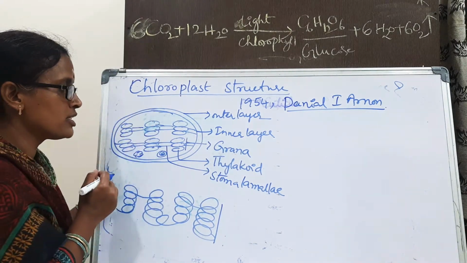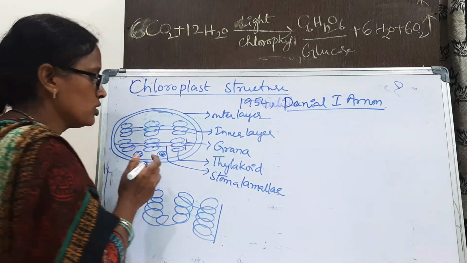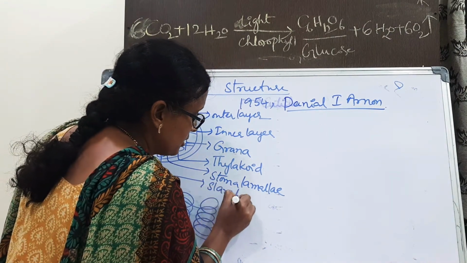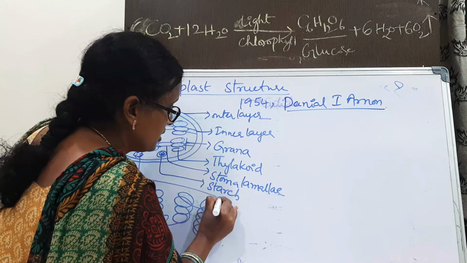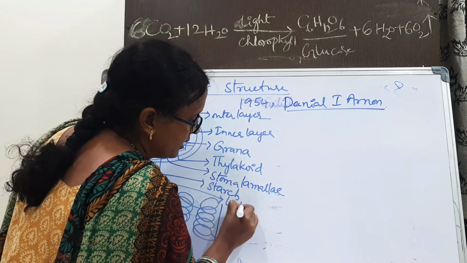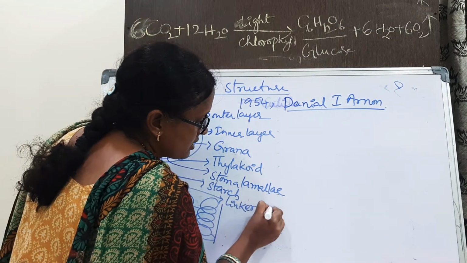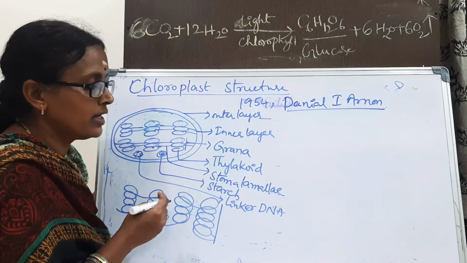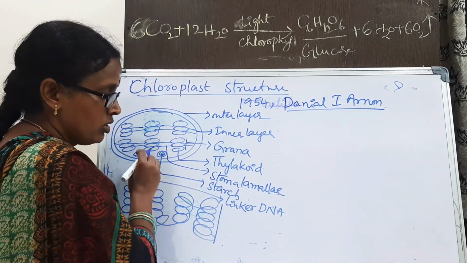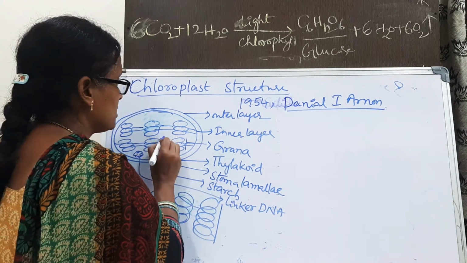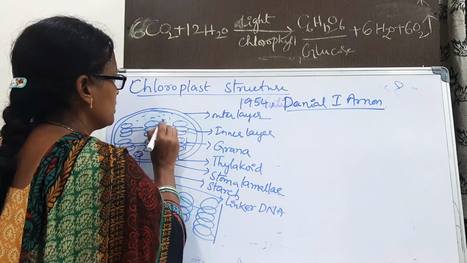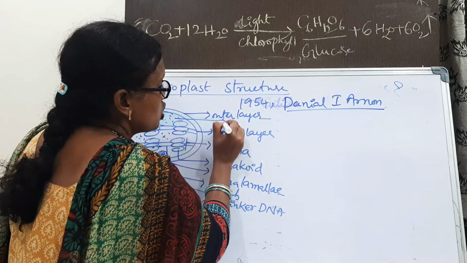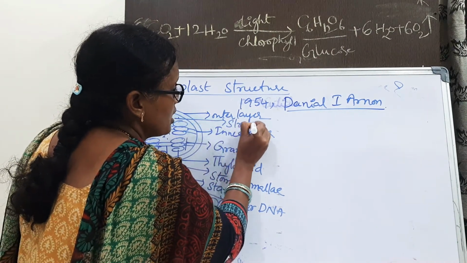The chloroplast is responsible for photosynthesis. Here and there starch granules are present, and this is linker DNA. It is a semi-autonomous cell organelle; mitochondria and chloroplast are semi-autonomous cell organelles. DNA is present, and the liquid inside the chloroplast is known as stroma.